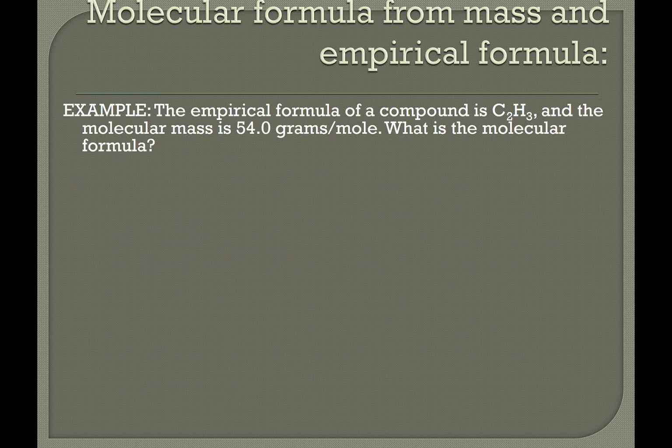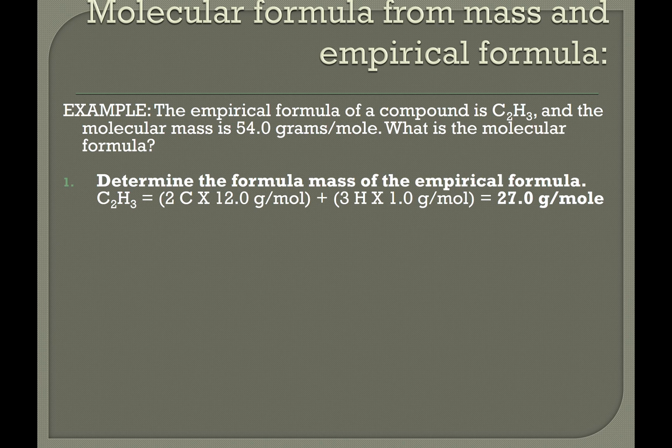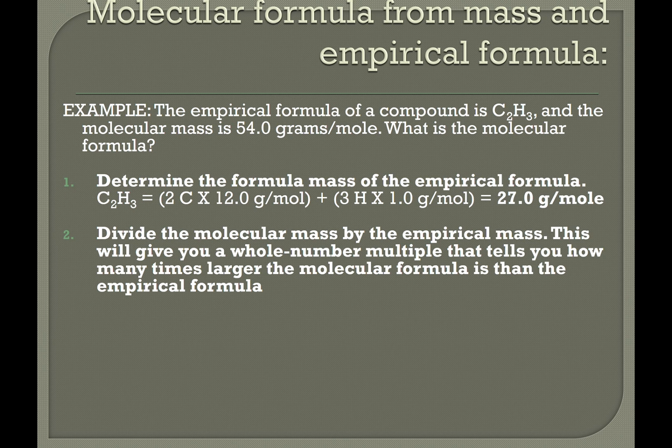Of course, I'll show you an example of this. So we have an empirical formula of a compound that is C2H3. We cannot simplify that any further. And the molecular mass is 54 grams per mole. What is the molecular formula? First we'll figure out what the formula mass of the empirical formula is. We have 2 carbons and 3 hydrogens. That comes out to 27 grams per mole. In general, we'll see pretty nice numbers because we have to get a whole number multiple.